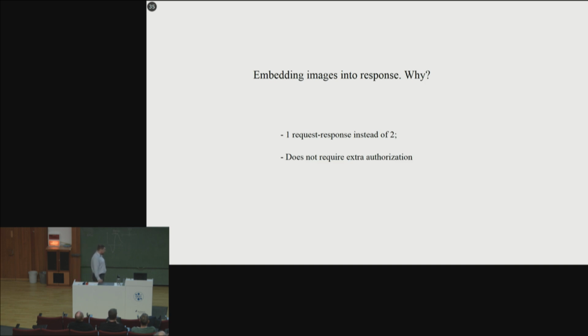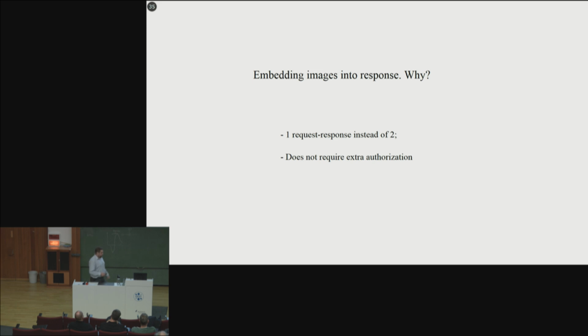The next point is image handling, and basically we are talking about embedding images into the response. Why are we doing this? At this point, you might ask yourself why I keep asking myself why. Well, it's because I like to justify my actions.